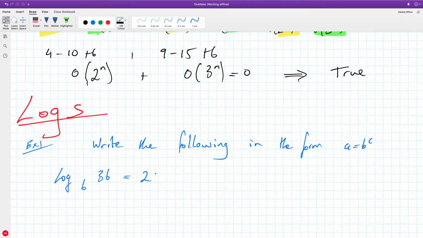The log of 36 to the base 6 is equal to 2. Write that in form A is equal to B to the power C without using the calculator.